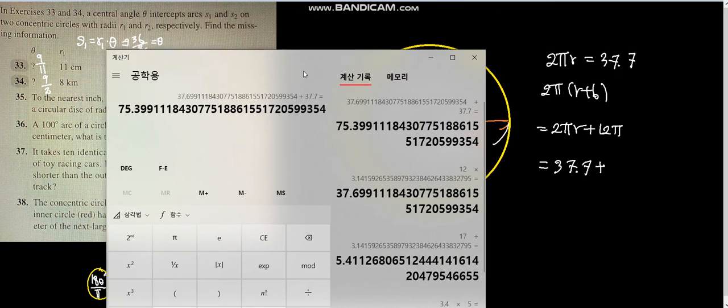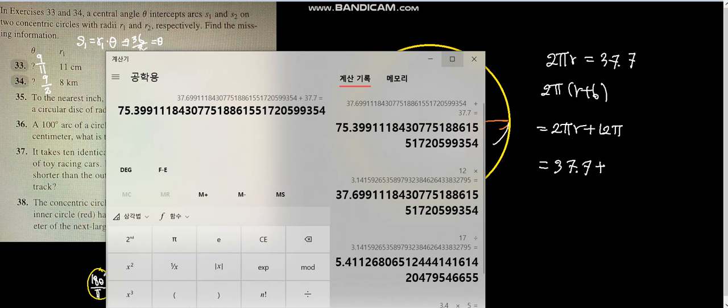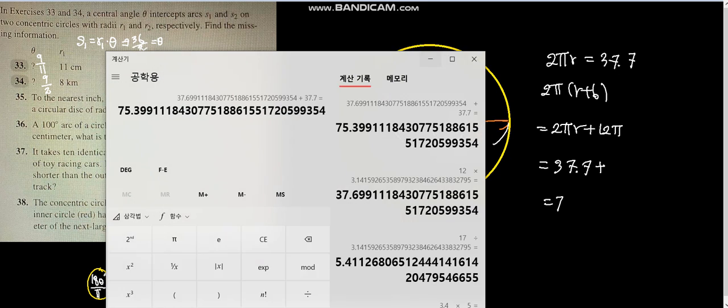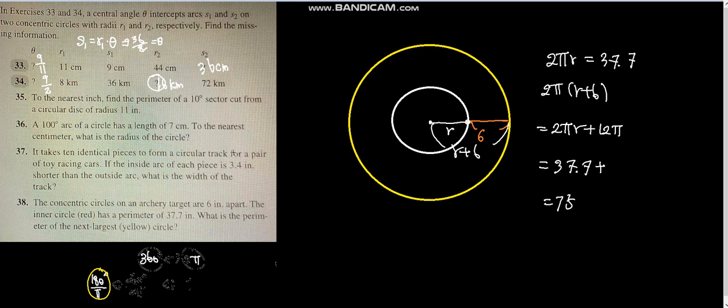Therefore, the answer here is 75.399 inches, because this is asking for the perimeter. So this is the perimeter for the smaller one, and this is the perimeter for the bigger one.